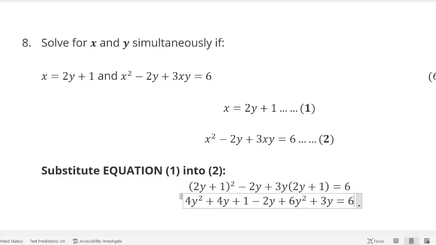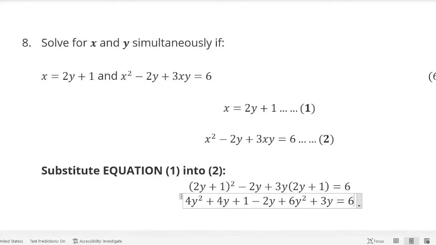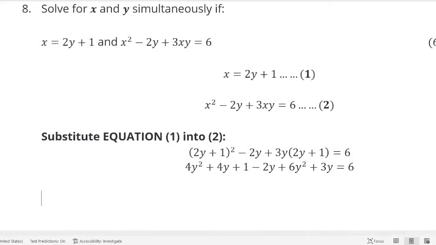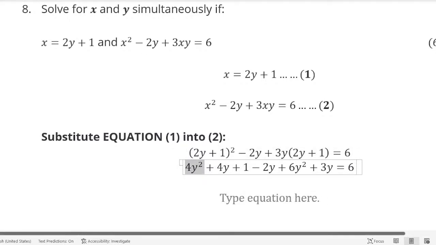Now let's simplify. Let's take 6 from the right hand side to the left hand side, so that it will be in the form of ax squared plus bx plus c. Remember, when we're dealing with the quadratic equation, it should always be in the form of ax squared plus bx plus c. Alright, now let's calculate like terms. Here we have 4y squared plus 6y squared, that will be 10y squared.